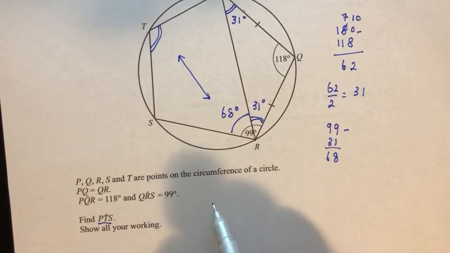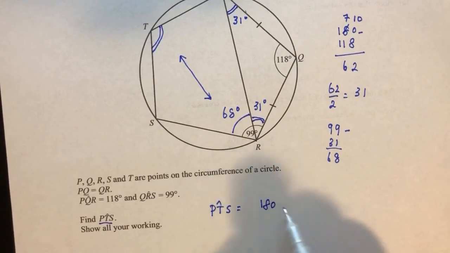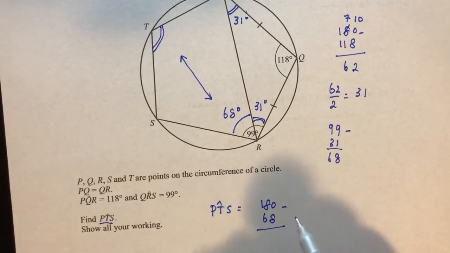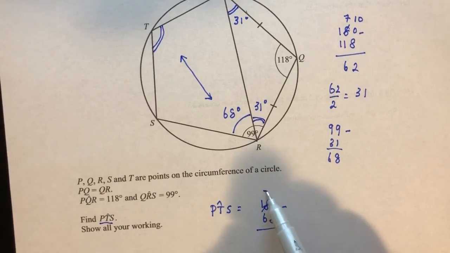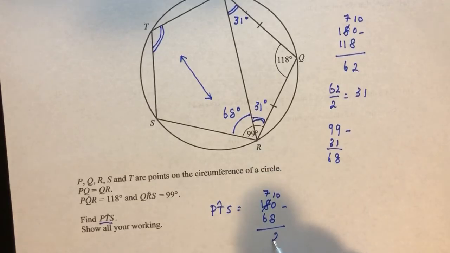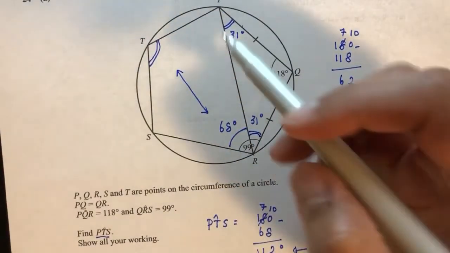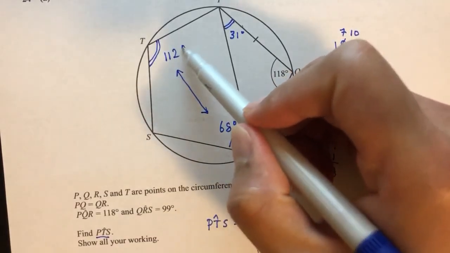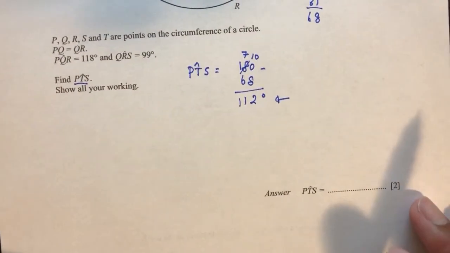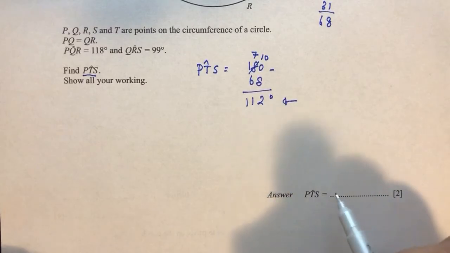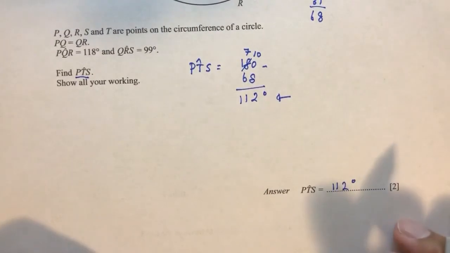So angle PTS will be equal to 180 minus 68. That will be 112. So angle PTS will be 112. And that is your answer for part A, which is 112.